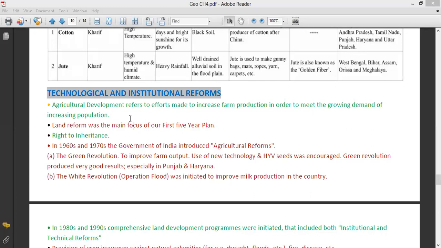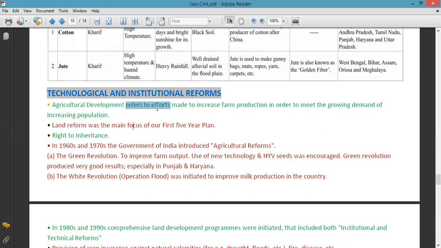That's all. Okay, see here some reforms we need to discuss. Agricultural development refers to efforts made to increase farm production in order to meet the growing demand of an increasing population. In a one mark question, what do you mean by agriculture? Can anyone remind me?